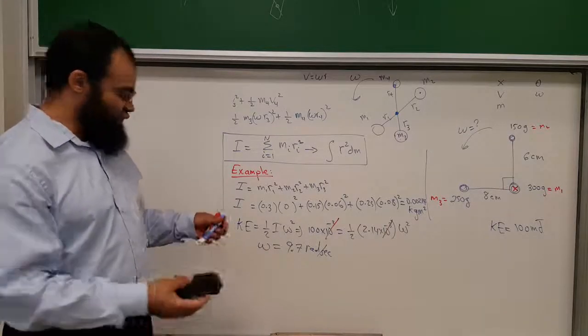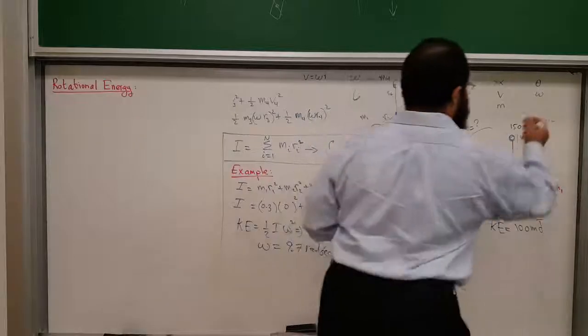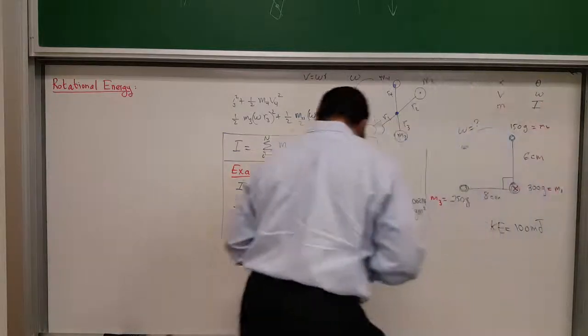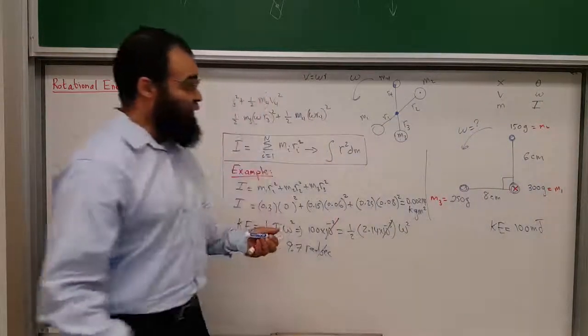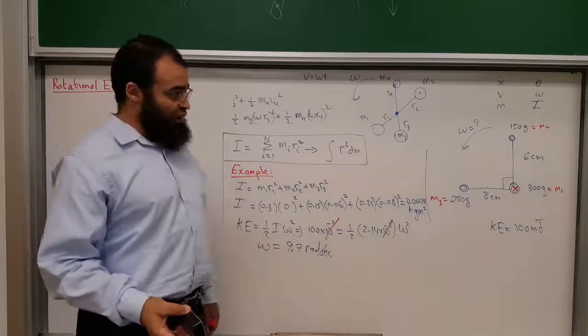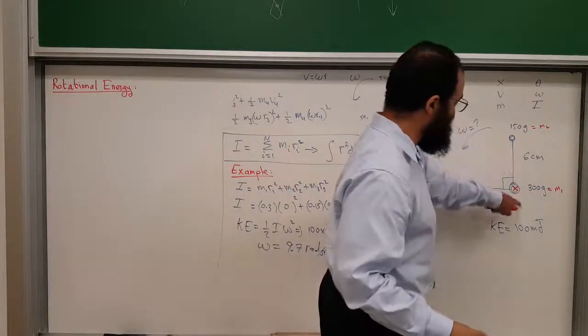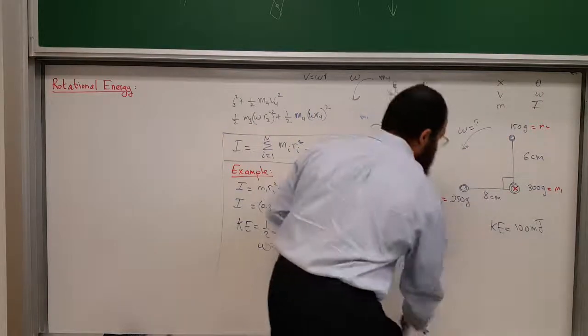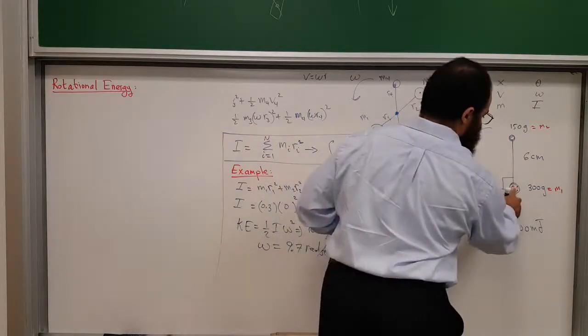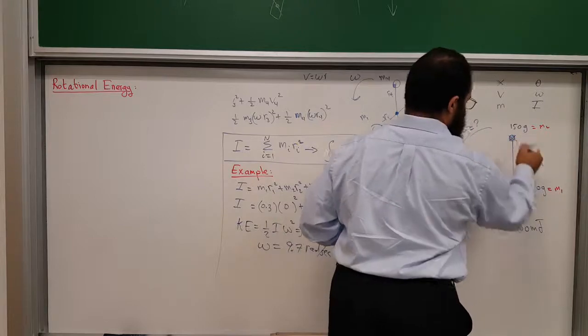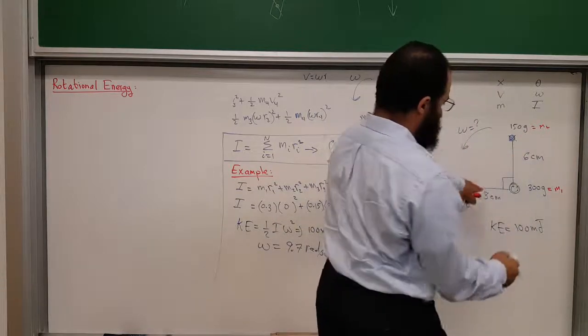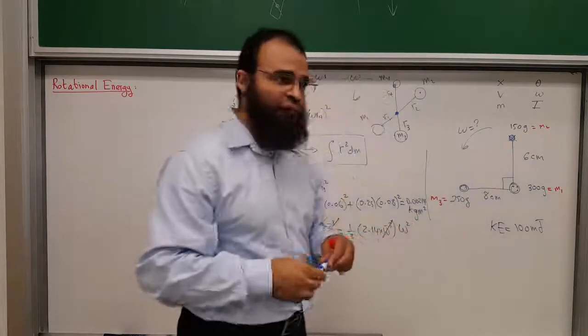For the moment of inertia, you have to specify around what axis you're rotating. You see, the moment of inertia about this axis will be different than the moment of inertia about this axis. If I took this axis out and fixed it here and made them spin about this axis, the moment of inertia will be different.